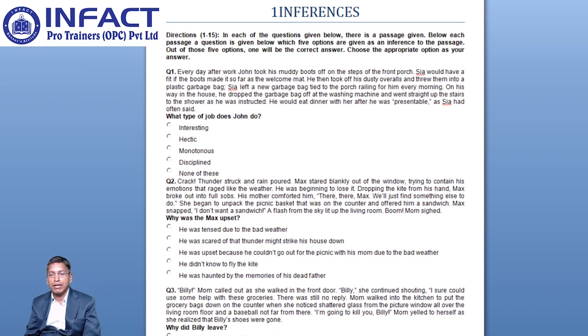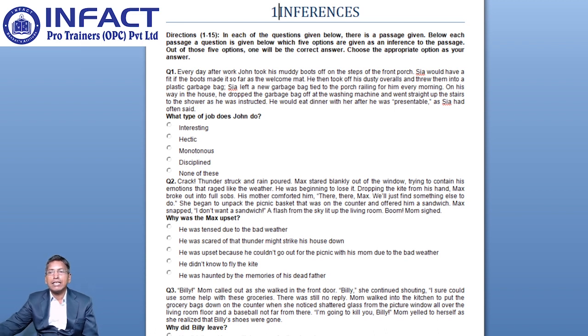You have options. He was tensed due to the bad weather, or he was scared the thunder might strike his house down, or he was upset because he couldn't go out for the picnic with his mom due to the bad weather, or he didn't know how to fly the kite, or he was haunted by the memories of his dead father. So, from the statement, what can we understand? He was upset because he couldn't go out for the picnic with his mom due to the bad weather.